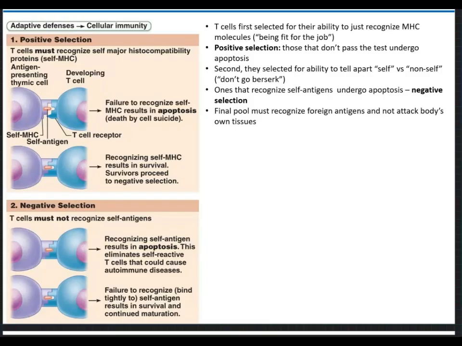One of the qualities is the ability to recognize MHC itself. Okay? So effectively, T cells are being asked two questions. Question number one. Can they recognize MHC?